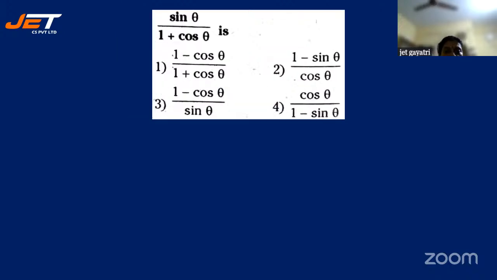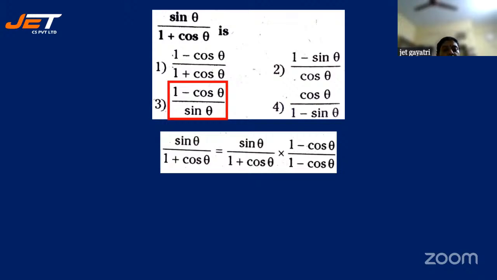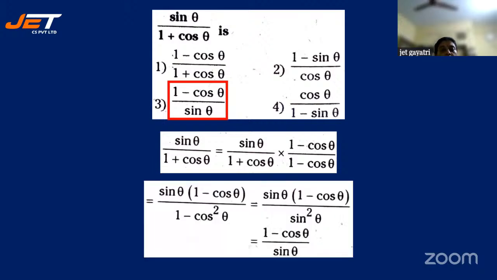Similarly, the next sum also you can see sin theta by 1 plus cos theta. Alright, so how do you represent this? Here you can take your denominator and multiply and divide by it with the difference in sign. So sin theta by 1 plus cos theta is nothing but sin theta by 1 plus cos theta into 1 minus cos theta by 1 minus cos theta, whereby you get sin theta into 1 minus cos theta by 1 minus cos square theta, which is sin square theta.